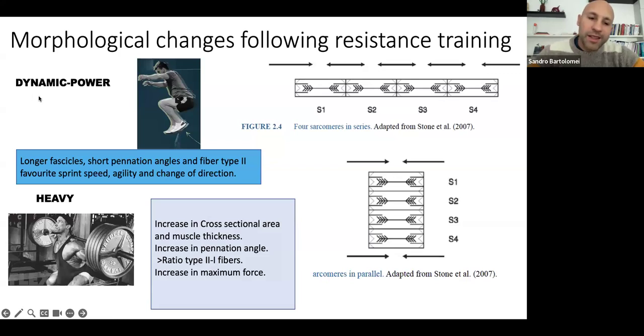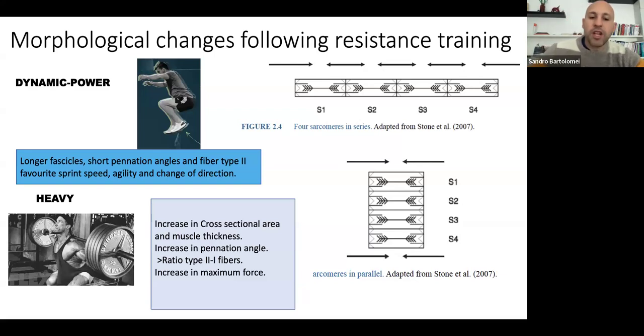So by using dynamic power exercises, we may obtain longer fascicles of the muscle. So the possibility to obtain quicker muscle contraction. And the increase in pennation angle is minimal, and there is a selective hypertrophy of fast fibers.